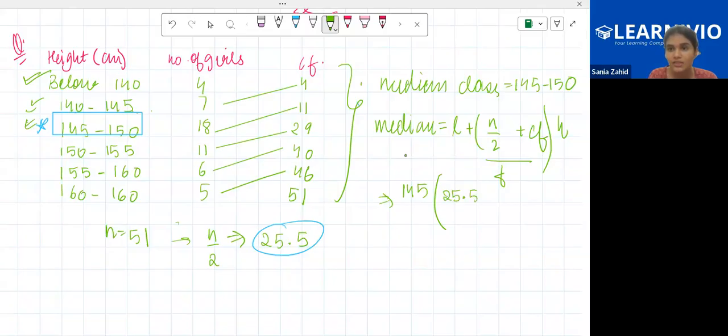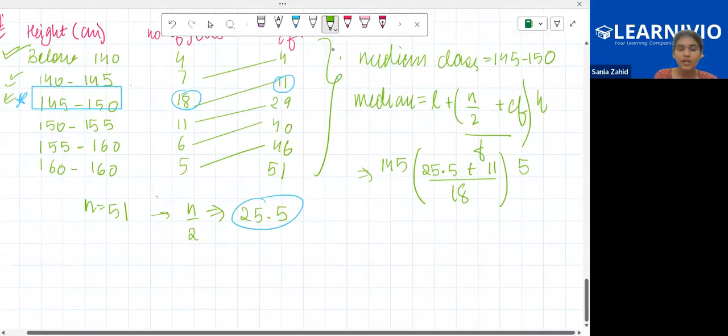What is CF? Here you don't have to take the cumulative frequency of the corresponding median class, but the one before, the predecessor. 11 you will take. And for frequency, you will take 18. Then what is the height? 5. So can you solve this? Solve this and tell me what answer you are getting.